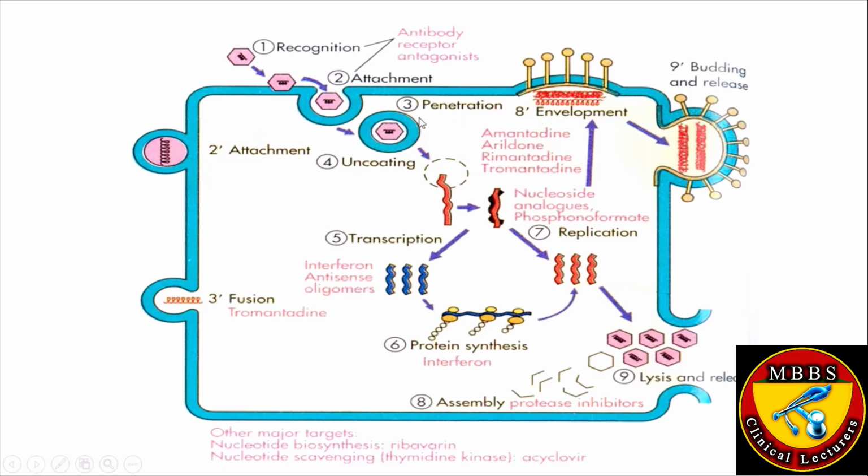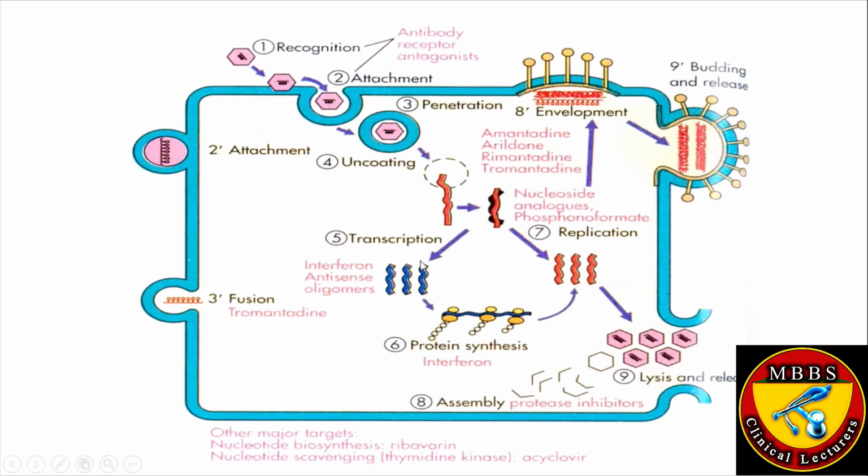Okay. After this penetration, uncoating occurs. This coat is removed and the virus genome is released into the cytoplasm. This viral genome, which is most likely DNA, now undergoes replication and transcription. By replication, they form a large number of genome copies.